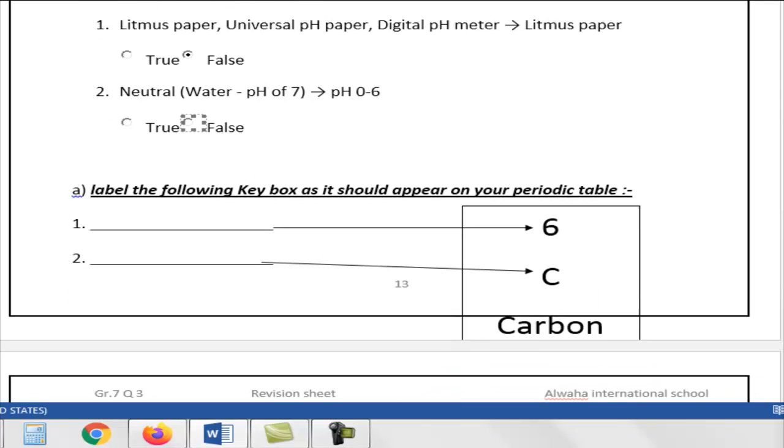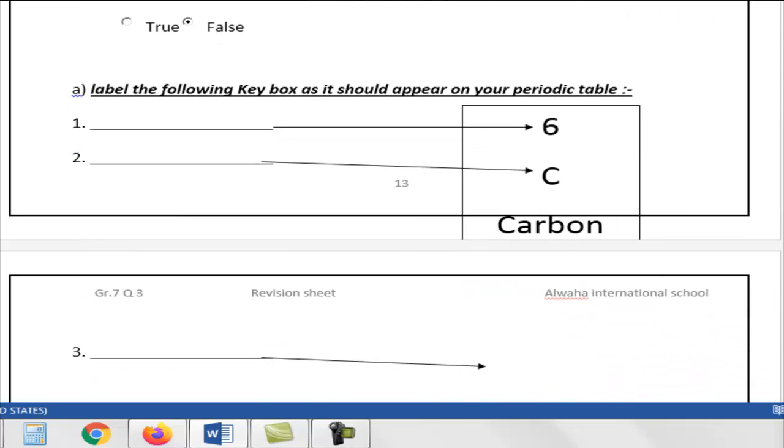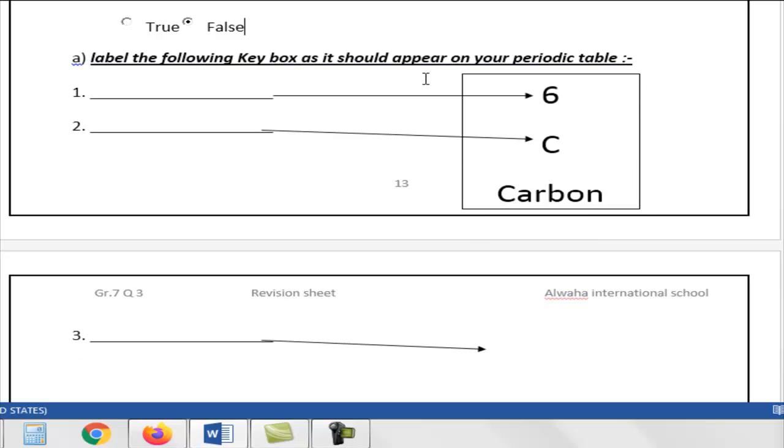Here he wants you to label this diagram. Number 1.